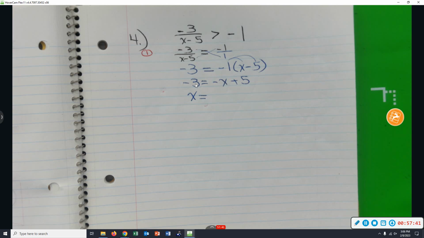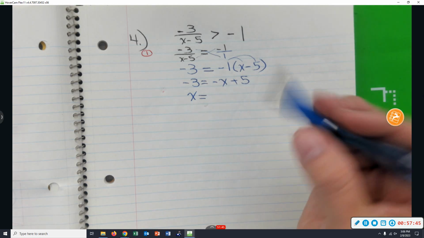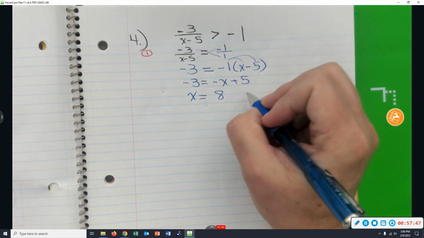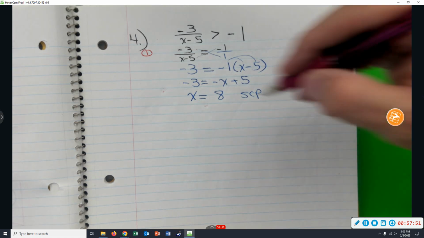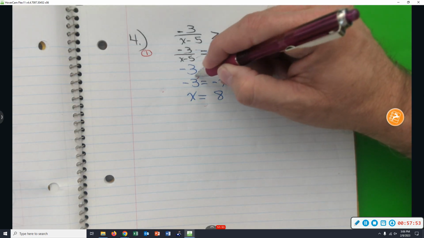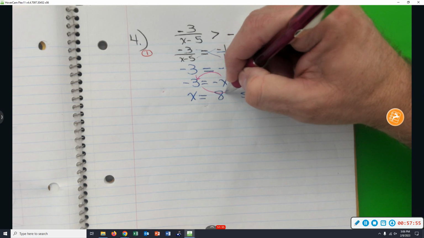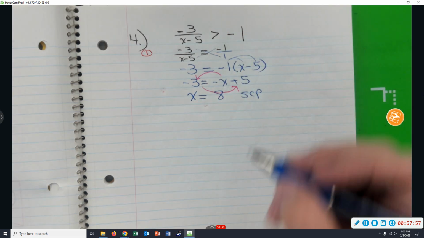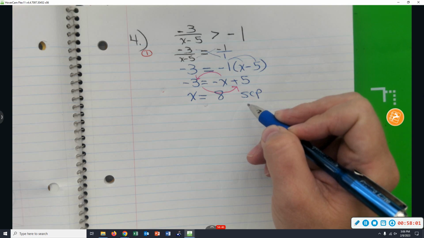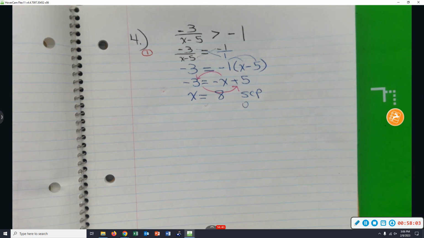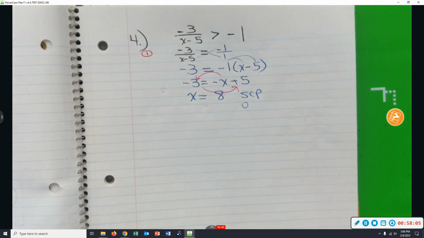Move the x over, and now what am I going to do? Add 3, 5 plus 3, that gives me the 8 for my solution cut point. What did y'all say? Open or closed? Open.